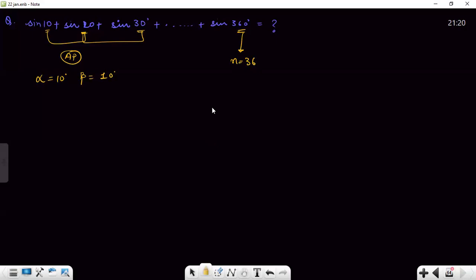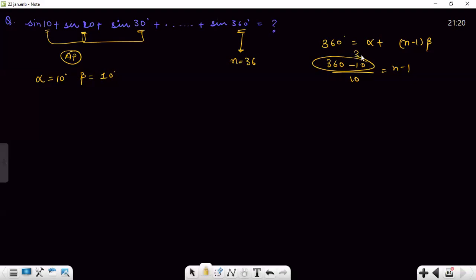If you are having difficulty finding which term this is, simply write 360 degrees as alpha plus n minus 1 into beta. 360 minus alpha, which is 10, divided by 10, is equal to n minus 1.